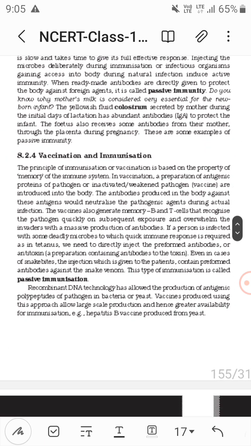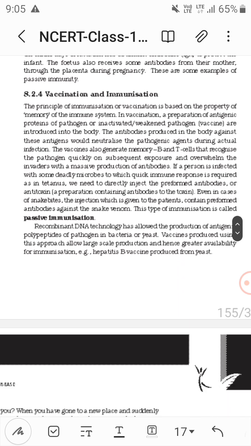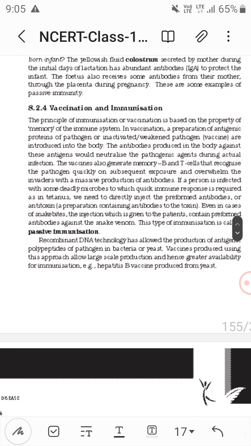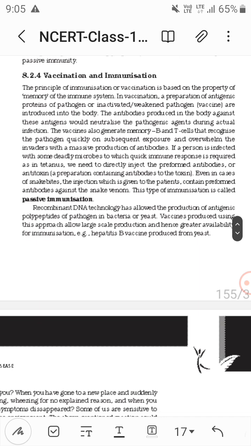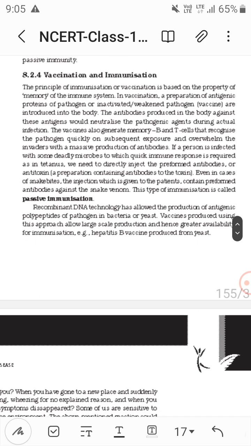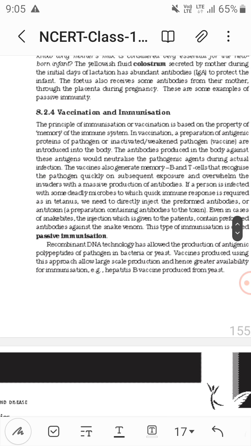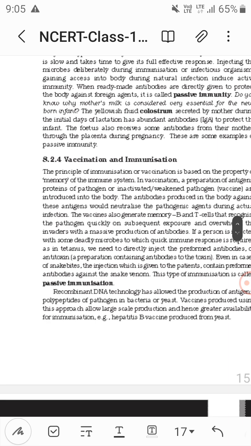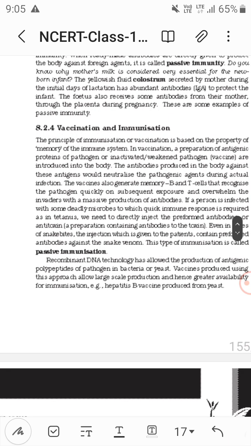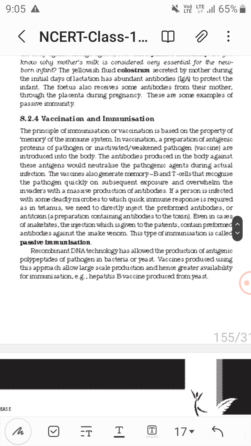Then vaccination and immunization: there is passive immunization, like for tetanus or snake bites and all that. Inactivated or weakened pathogen, or antigenic proteins, these are vaccines, so this is vaccination.